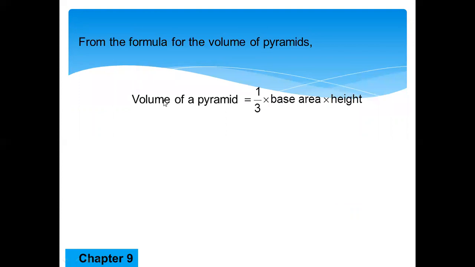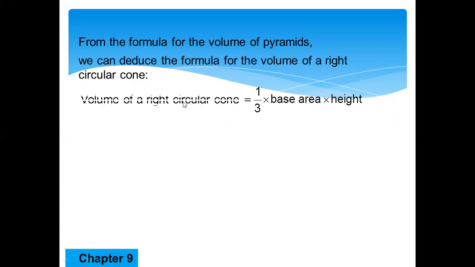If we want to find the volume of a cone, let's think, what is the formula for the volume of a pyramid? As learned in our last lesson, it is 1/3 times base area times height. And how about if it is a cone?